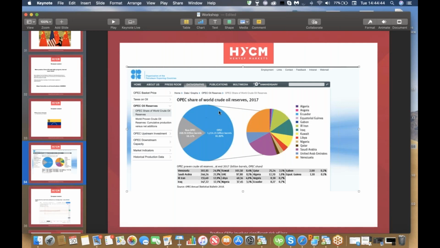Of those OPEC countries, we can see that Venezuela, here in the orange, has the largest portion of OPEC proven crude oil reserves. Nearly 25% of the world's crude oil reserves come from Venezuela, from the OPEC share, and then Saudi Arabia is 21.9%.